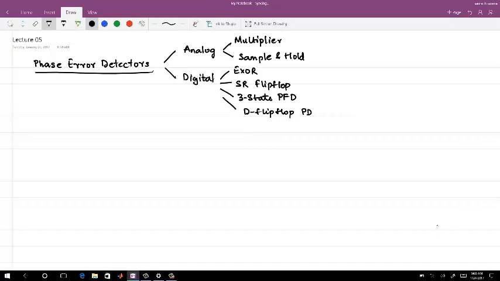Okay, so we will see if there exist any more which we normally use. We'll go one by one.